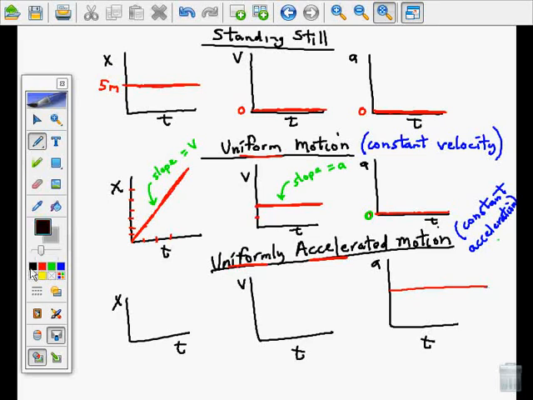And therefore, the velocity keeps on increasing the same amount each second. This should be a straight line right here. And then the position time graph ends up looking like half a parabola where it's curved up.